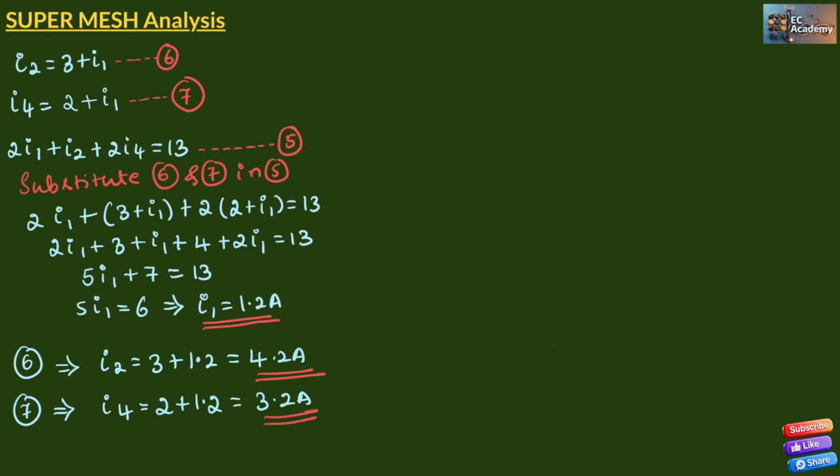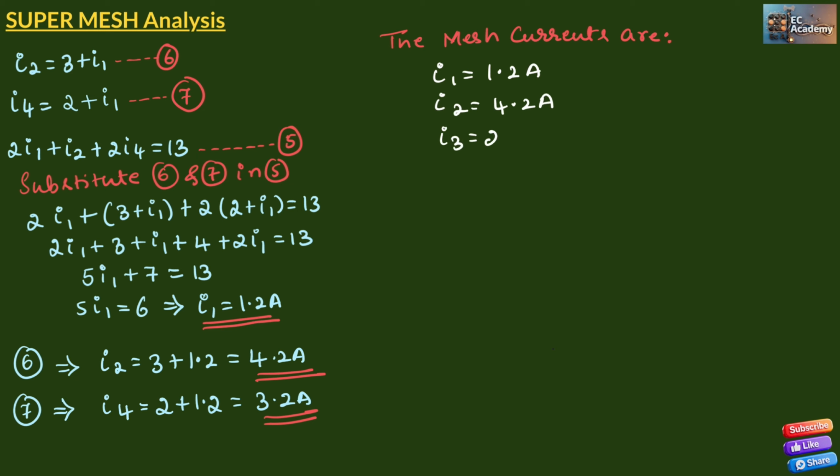So we got all the mesh currents. So we can say the mesh currents are I1 is equal to 1.2 ampere, I2 is equal to 4.2 ampere, I3 is equal to 2 ampere, and I4 is equal to 3.2 amperes.